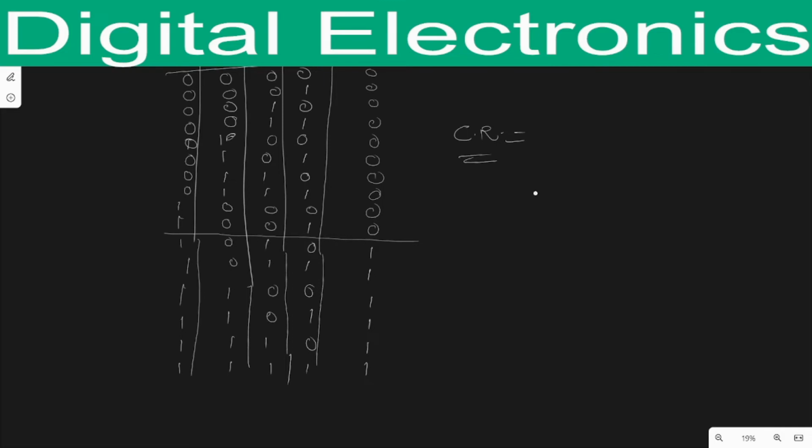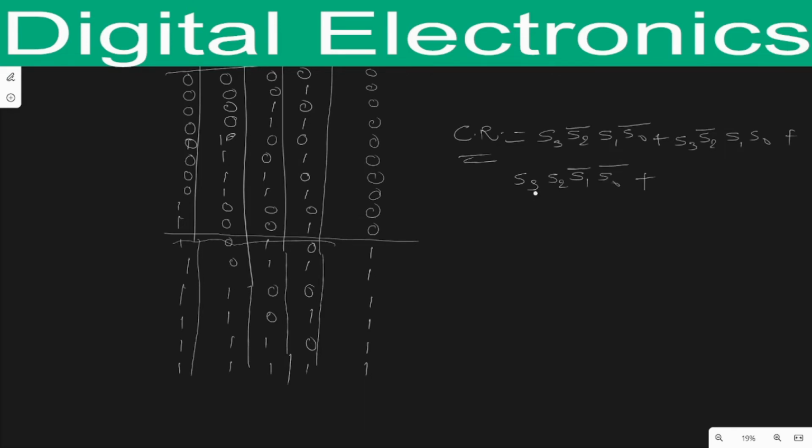How can we find out its equation? One is coming here, so according to this the input is S3, S2 bar, S1 and S0 bar. This one is our first condition, same as S3, S2 bar, S1, S0, same as S3, S2, S1 bar, S0 bar.